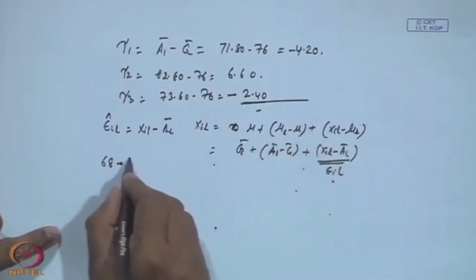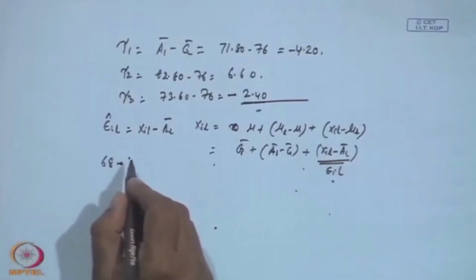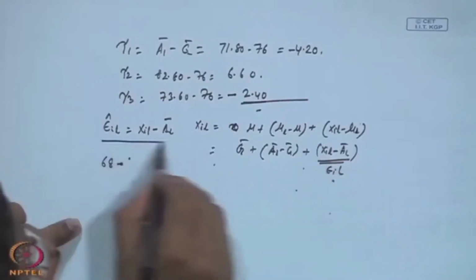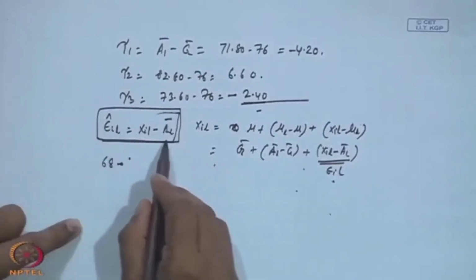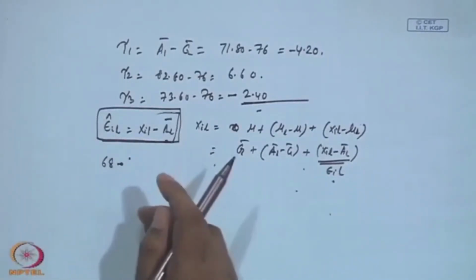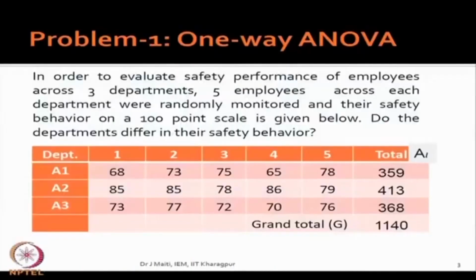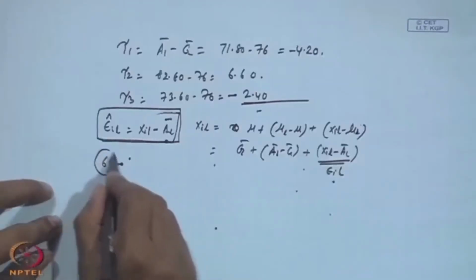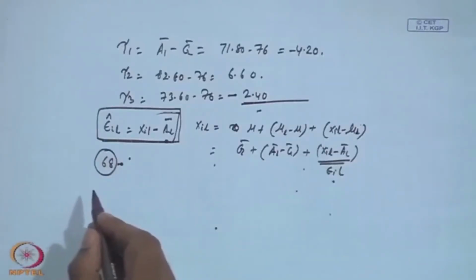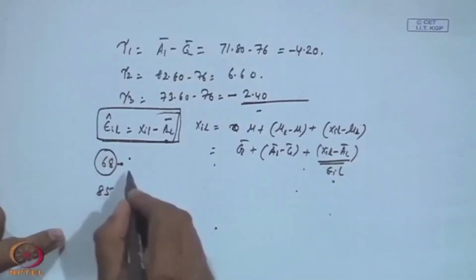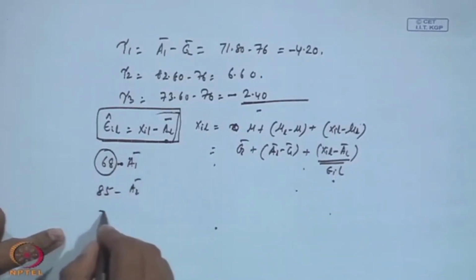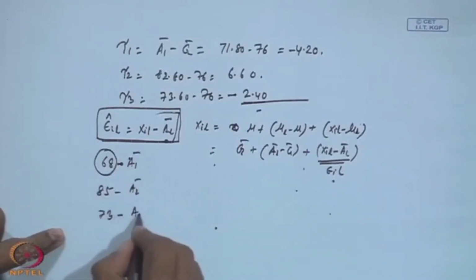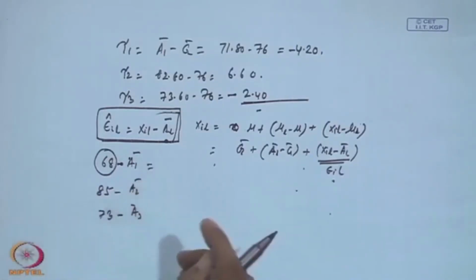G bar is 70. For 68, what you require to do is 68 minus A_l bar. I am just taking only the first one from the first column. So 80 minus A1 bar, this minus A2 bar, then 73 minus A3 bar. This sense you have to make.